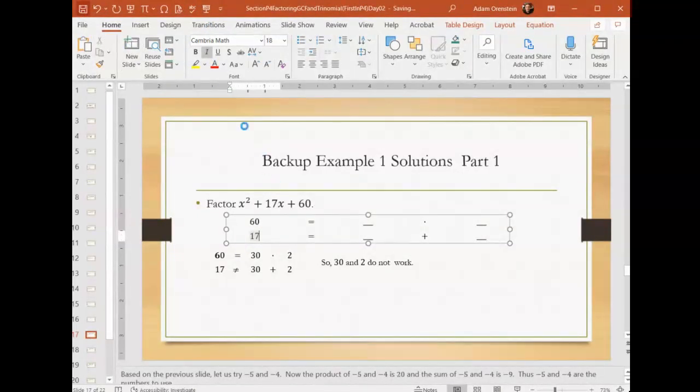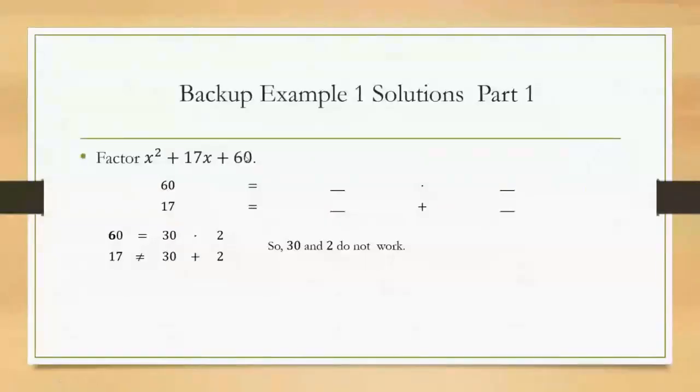Well, unfortunately, 30 and 2 are not going to work. Because 30 times 2 is 60, but 30 plus 2 is definitely not 17. So those two numbers are not going to work. What about 12 and 5? This should be 16 and 17.